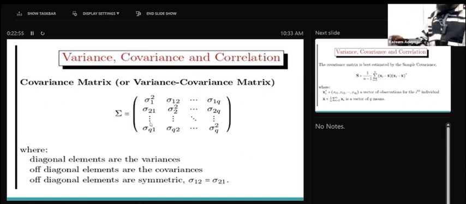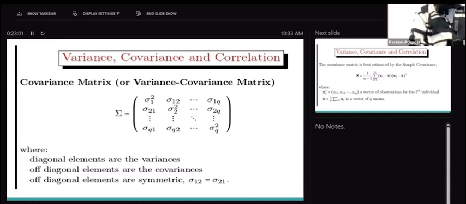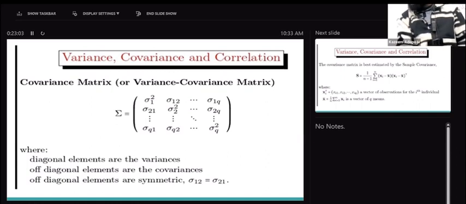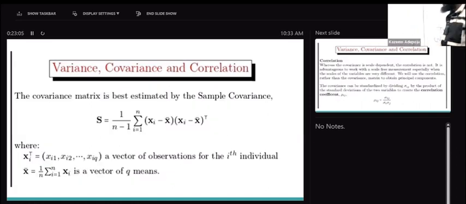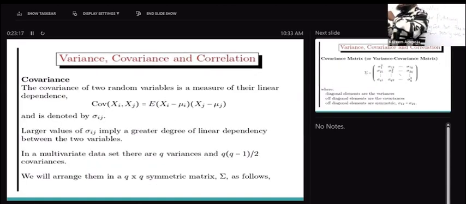But how do you get the covariance that we have inside the variance-covariance matrix? We are going to want to get that from data, so we are going to use this. Take a look at this; I'm going to take you back now. We use this to get the covariance between S1 and S2.